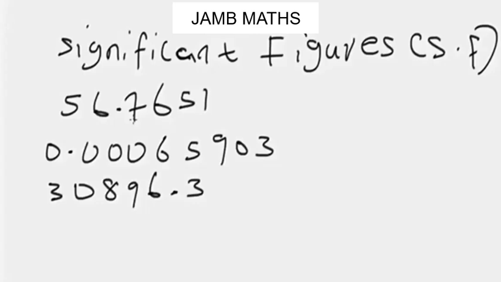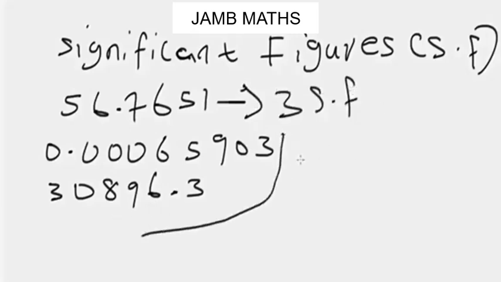So looking at example 1 here, we are asked to round off this value to 3 significant figures. Let me solve it here. Remember, significant figures stand for non-zero numbers.